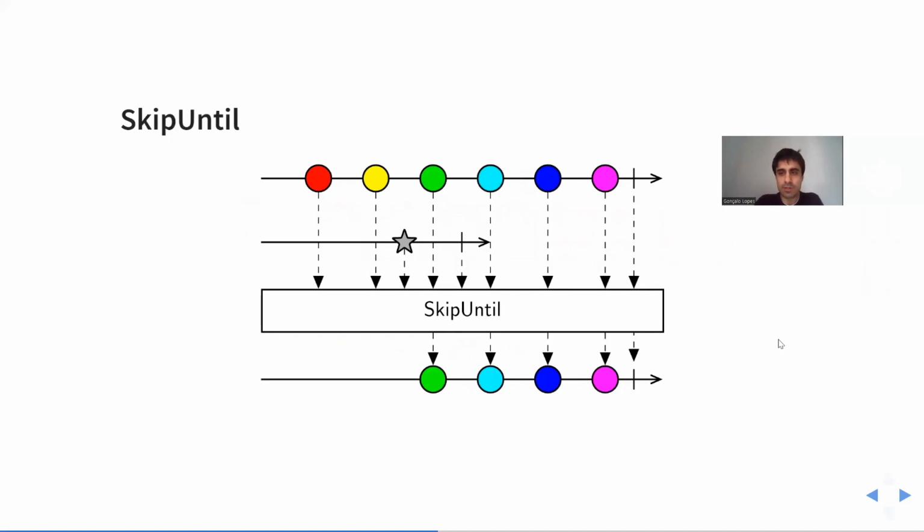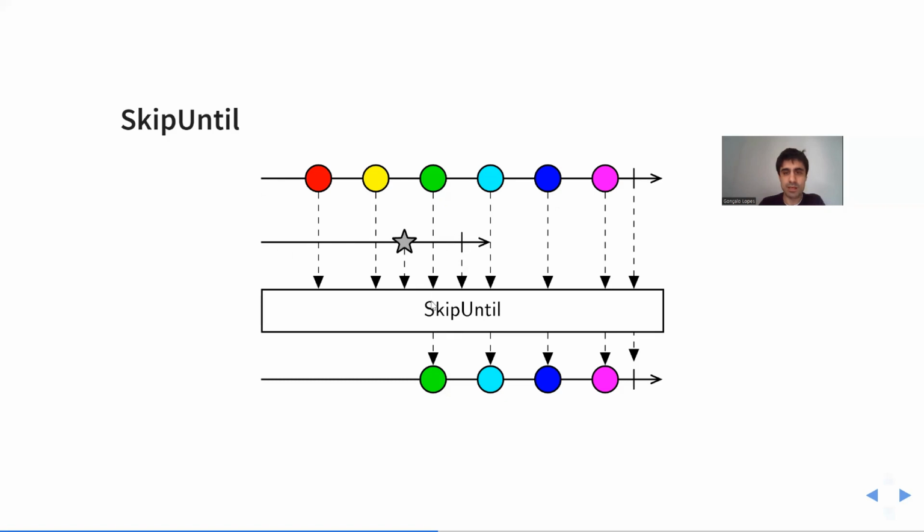Now, these operators, both skip and take, have dynamic variants, and this is also something that you will notice is quite common in the reactive toolkit. And basically, what they allow you to do is be a bit more flexible in how you specify when to skip and when to stop taking. So the skip until operator is the dynamic variant of skip, as I was saying. So you start with a sequence.